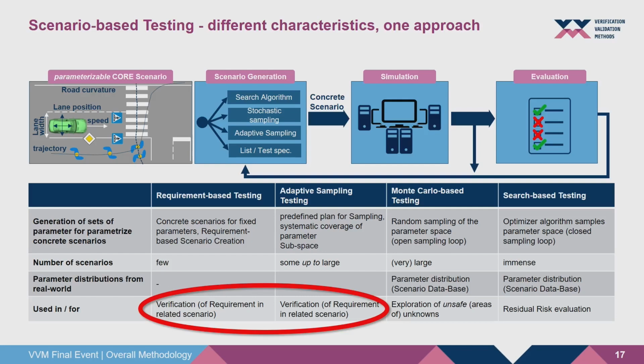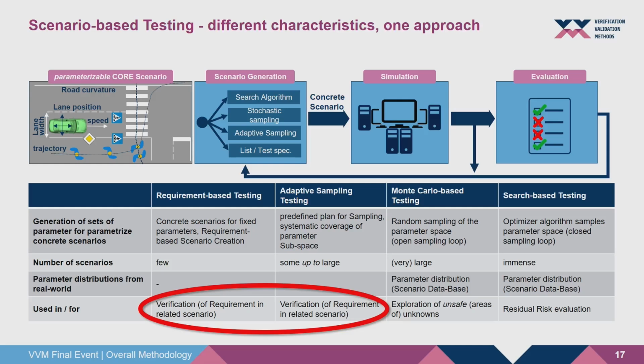So there are many possibilities for defining such generators, ranging from a list of complex algorithms to optimization algorithms. So you see examples here: requirement-based testing, adaptive sample testing, Monte Carlo simulations, so stochastic testing methods, or search-based testing, which includes these optimization algorithms.